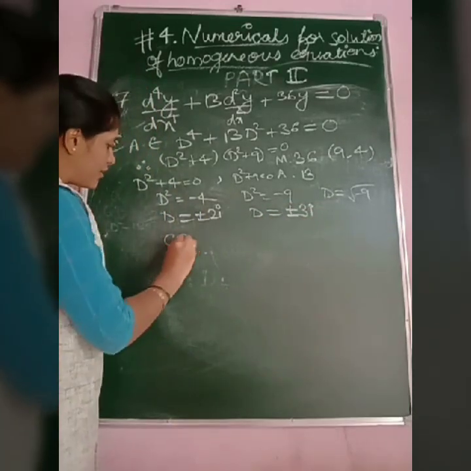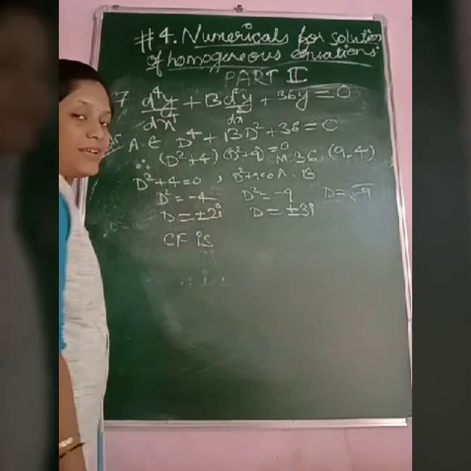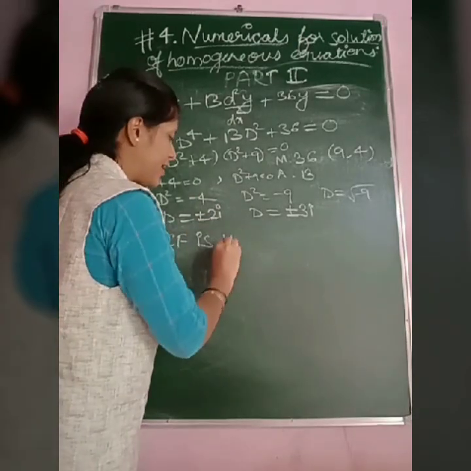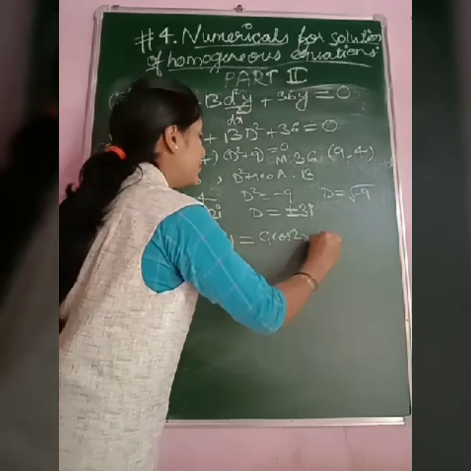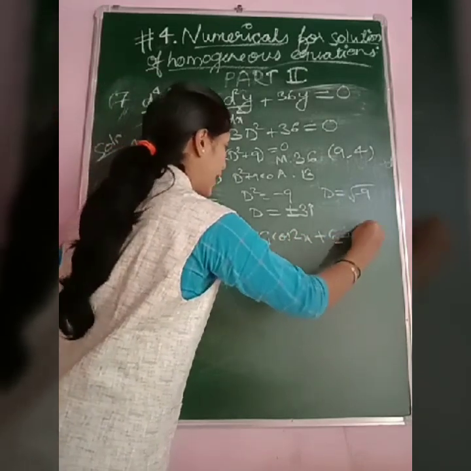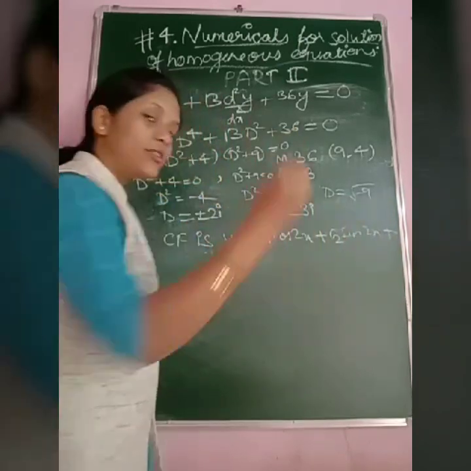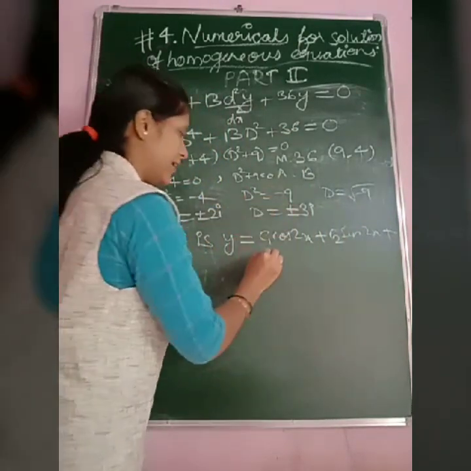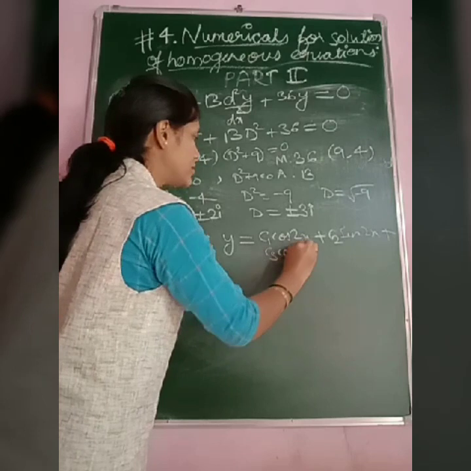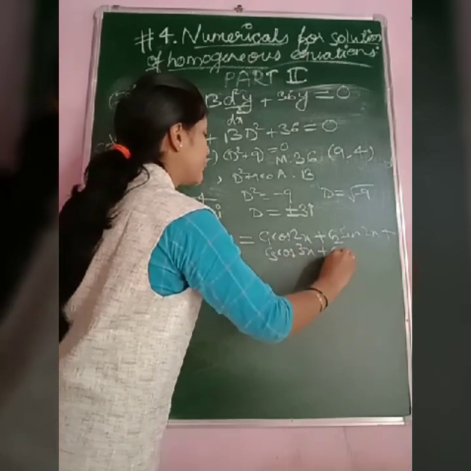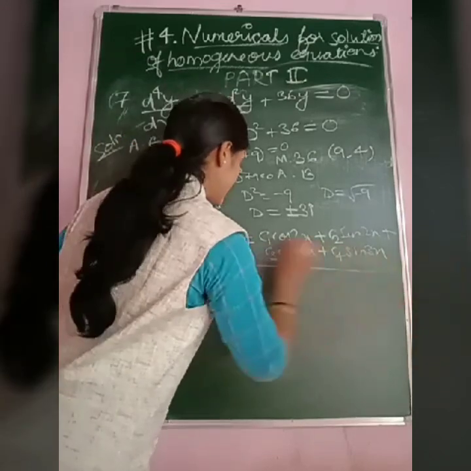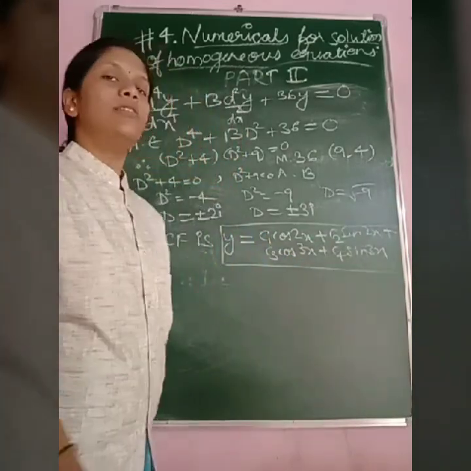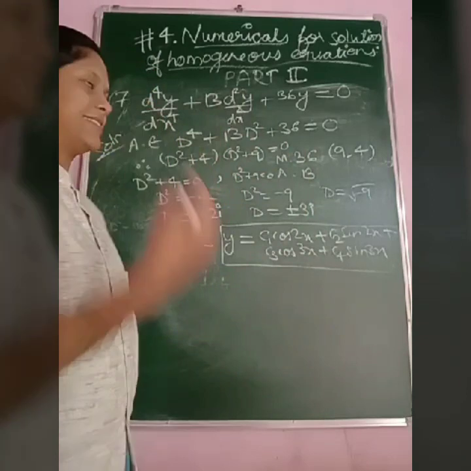So the complementary function, where a is 0, directly we can write y = c1 cos 2x + c2 sin 2x + c3 cos 3x + c4 sin 3x, where a is 0 and b is 3. So this is our solution for this example.